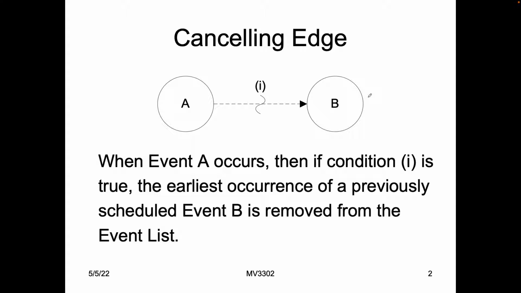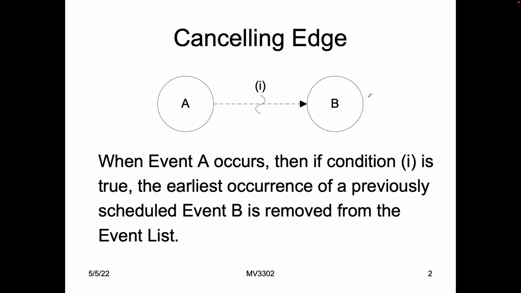If there were some event that caused the missile to be destroyed before it impacted, and as far as the event list is concerned, that impact event is still on the event list, you would want to take that off.